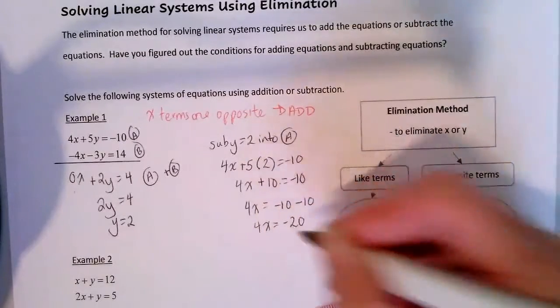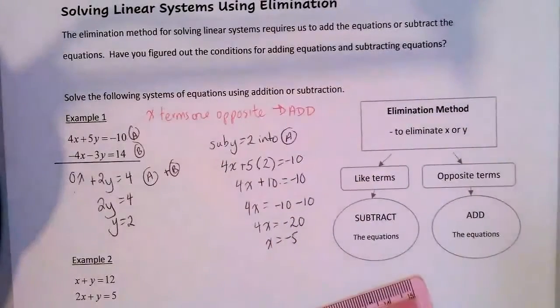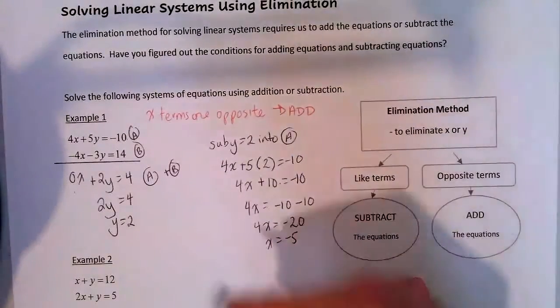I gather like terms, and then I divide both sides by 4 to get x is equal to negative 5.